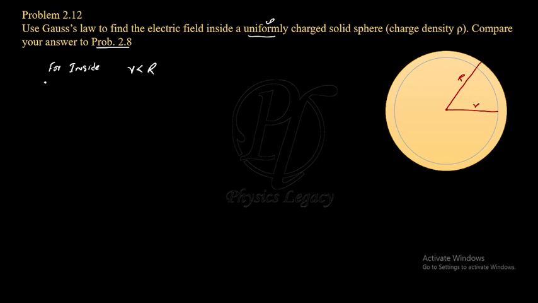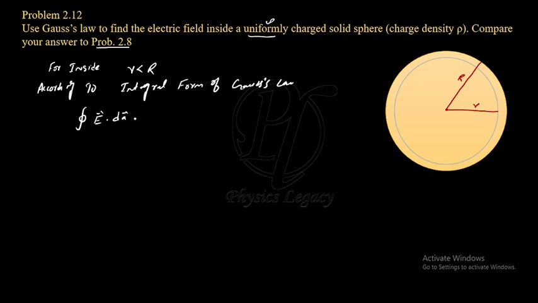To calculate the E field we use the integral form of Gauss's law, that is, closed integral E dot dA, where dA is a vector area, is equal to Q enclosed over epsilon naught.